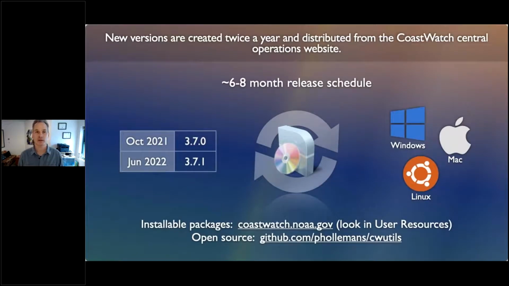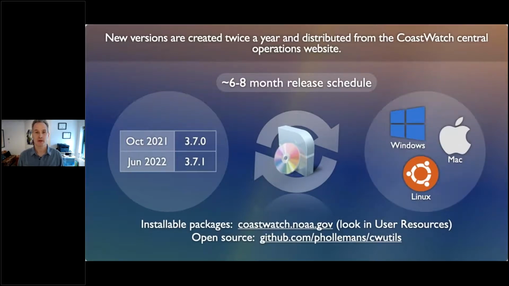So we create a new release about every 6 to 8 months. We make beta releases available between major releases that have bug fixes and new features. Since the last meeting, we've had one release, and there's going to be another one this year coming up.